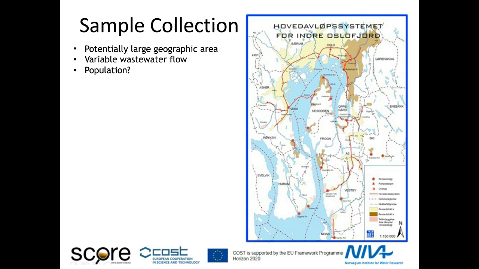Well, the biggest challenge is that you're collecting from a large geographic area as a general rule. The picture on the side here is Oslo. The blue is the fjord coming through. There are 2 main wastewater treatment plants in Oslo that service the 1 million or so population that we've got here.